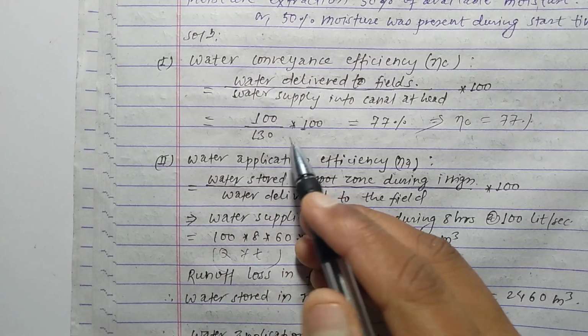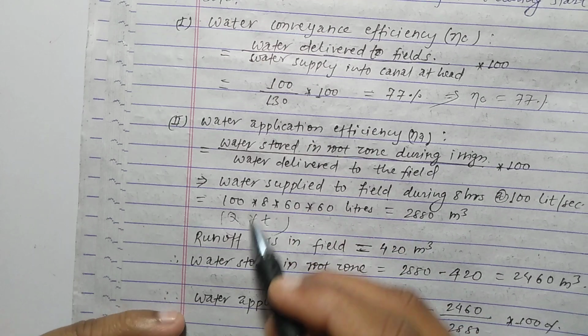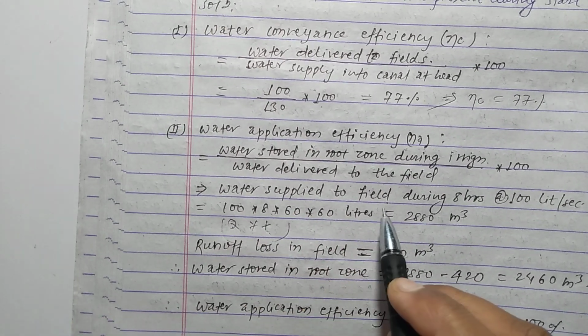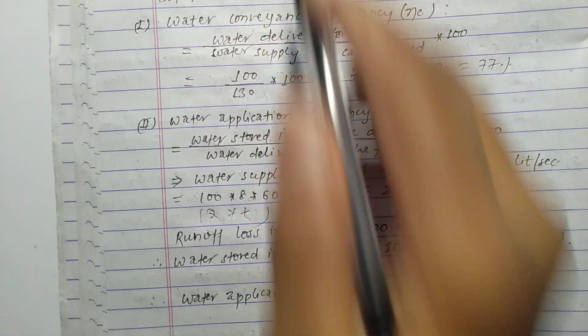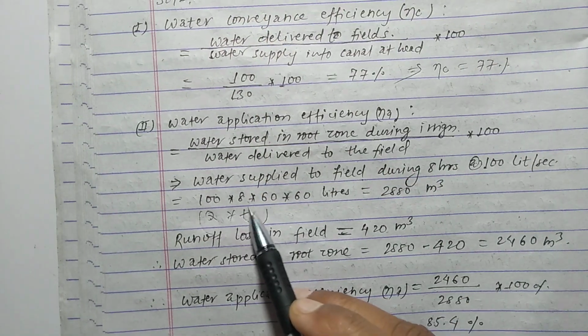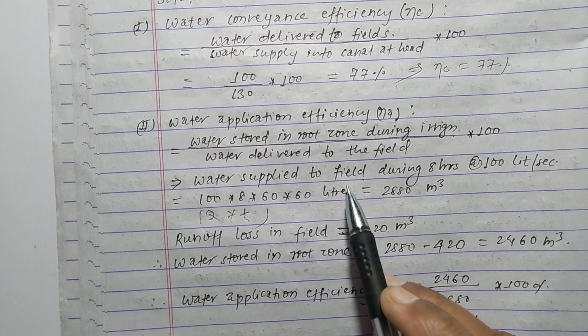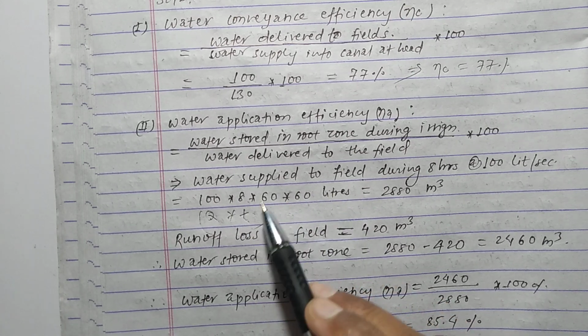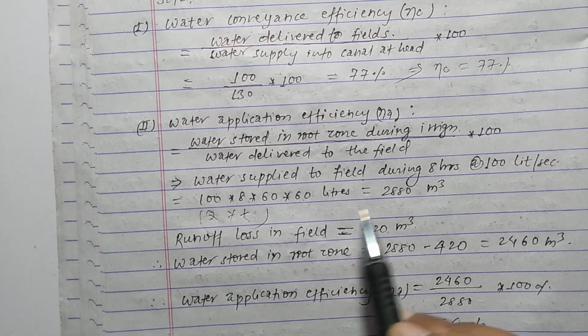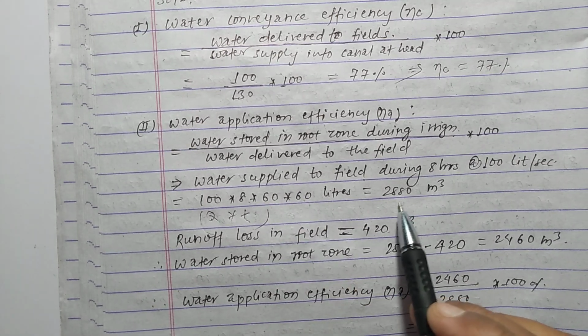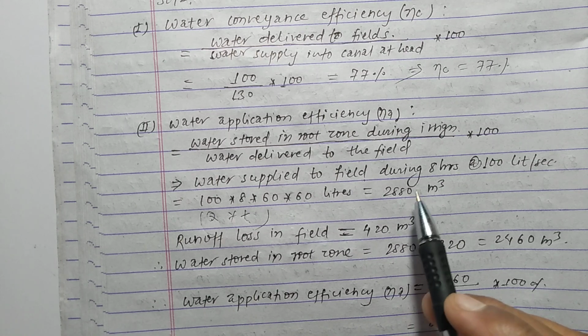We take this value 100 into the time already given in the question, 8 hours. You can see here 1.6 hectare irrigated in 8 hours. So Q into time gives water supplied. We have to convert time into seconds, so we multiply 60 into 60, and its value becomes 2880 meter cube.